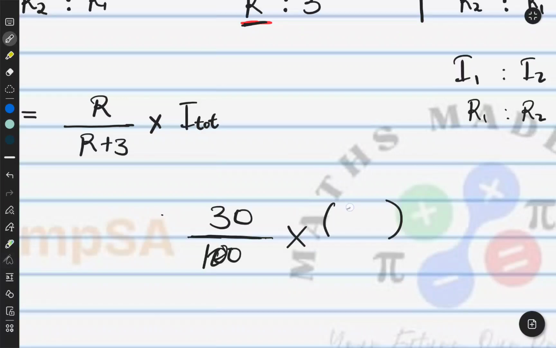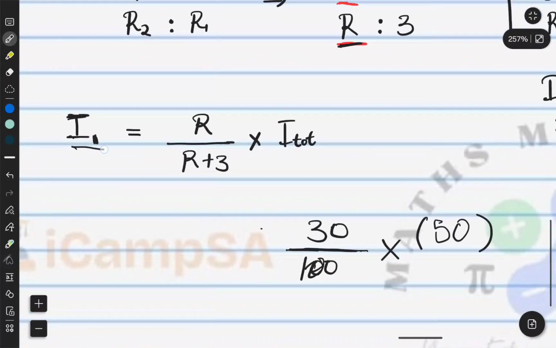So here you would put the quantity. It could be 50, it could be whatever. I'm just making an example. So what's the fraction of the total current that will go to I1?